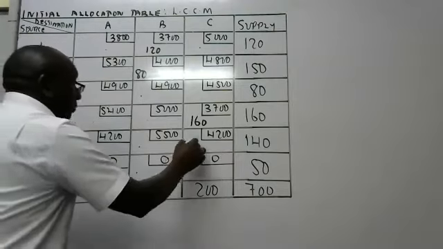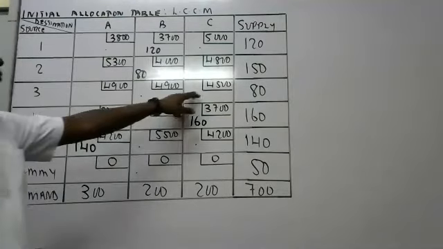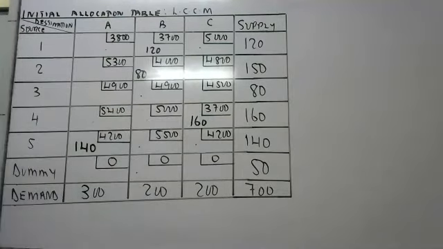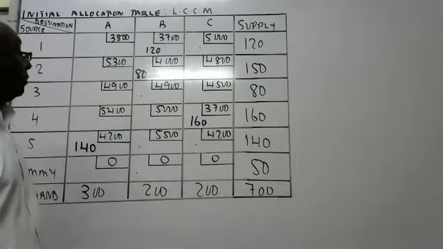So we broke this one. So when we broke that one, the next smallest is what? 45. There is this one. So when we get that one, the available supply is 80.